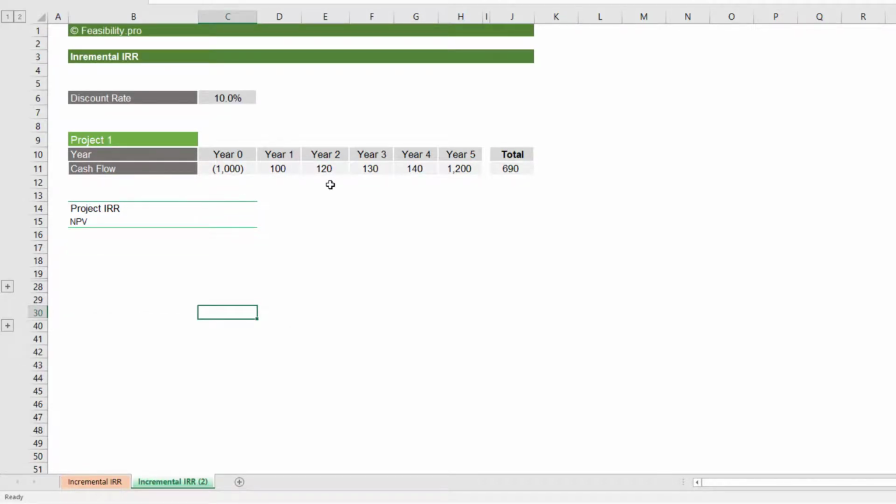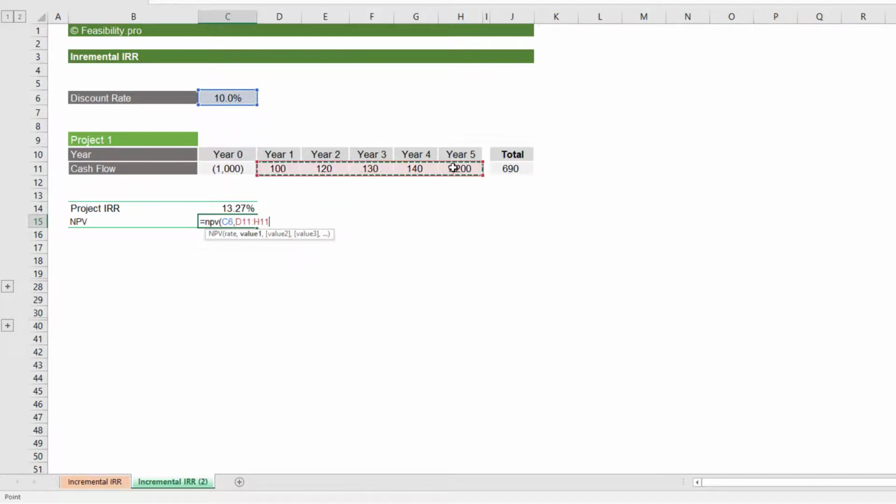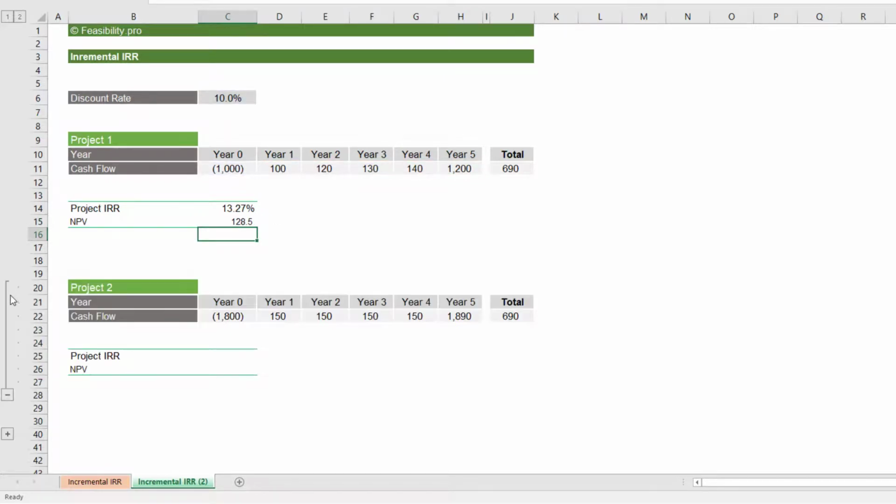Again, we have the same cash flow here, and we calculate the IRR for this project, which is again the same, and the NPV of this will be rate plus the cash flows and plus the initial investment, so 128. Then I have the second project which has a cash flow like this.